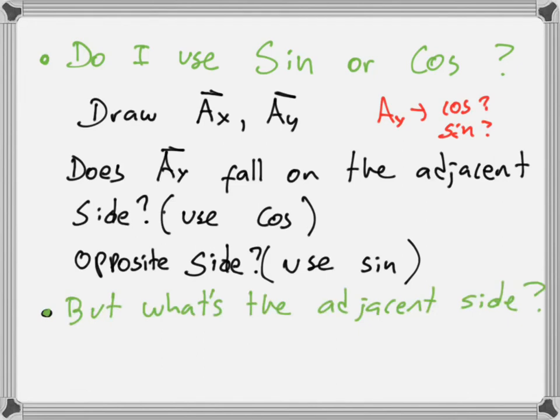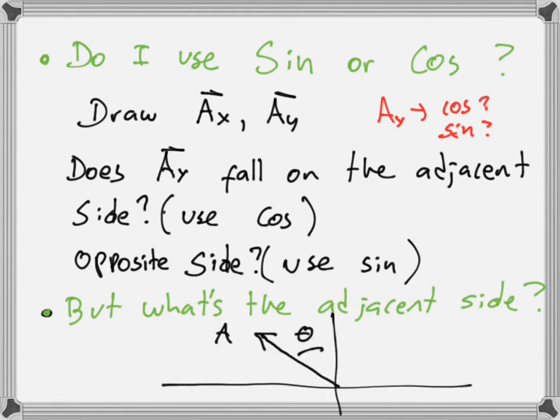You might continue to wonder, well, okay, cool, but what is the adjacent side? So let's go over that again. The adjacent side is, first of all, draw the vector A, draw the x and the y axis.